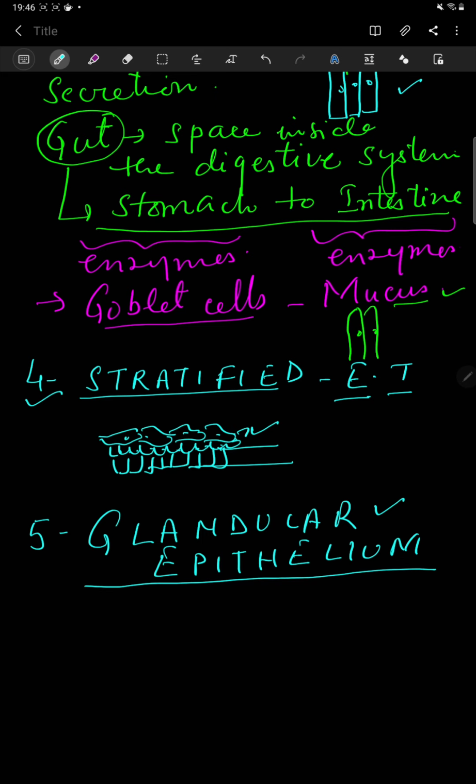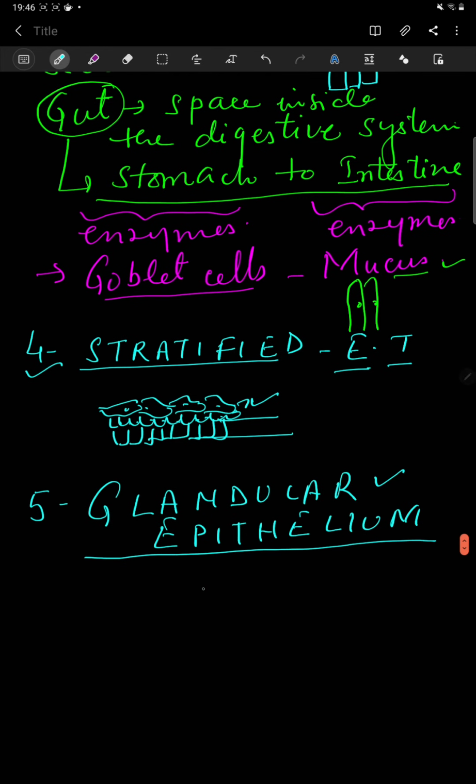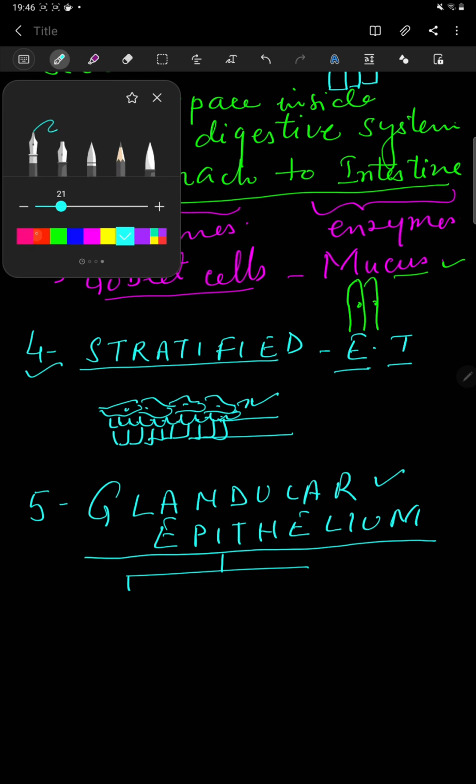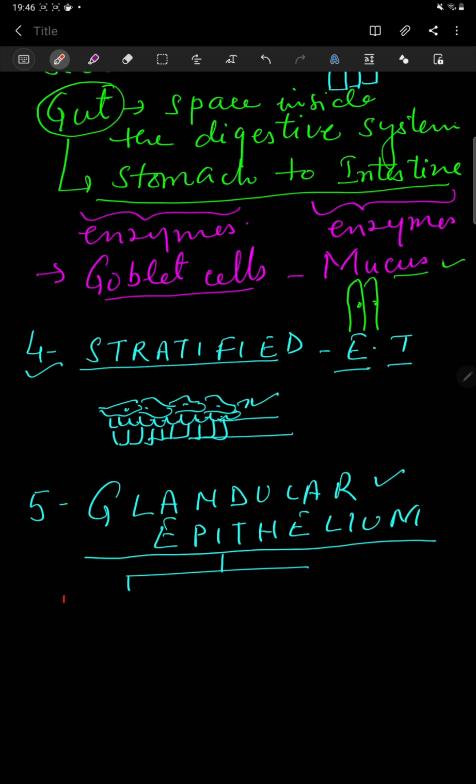There are two different kinds of gland, which are very common. Number one is termed exocrine and the second one is termed endocrine. So we write exocrine and endocrine.